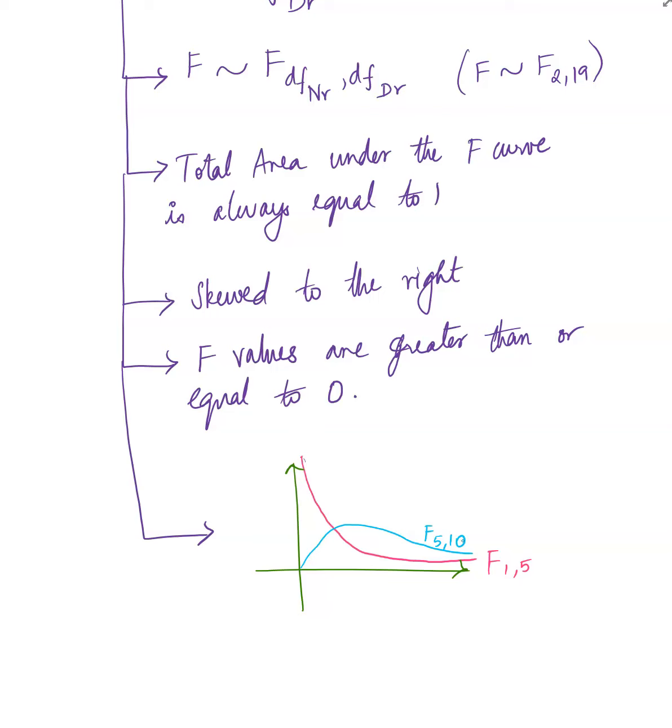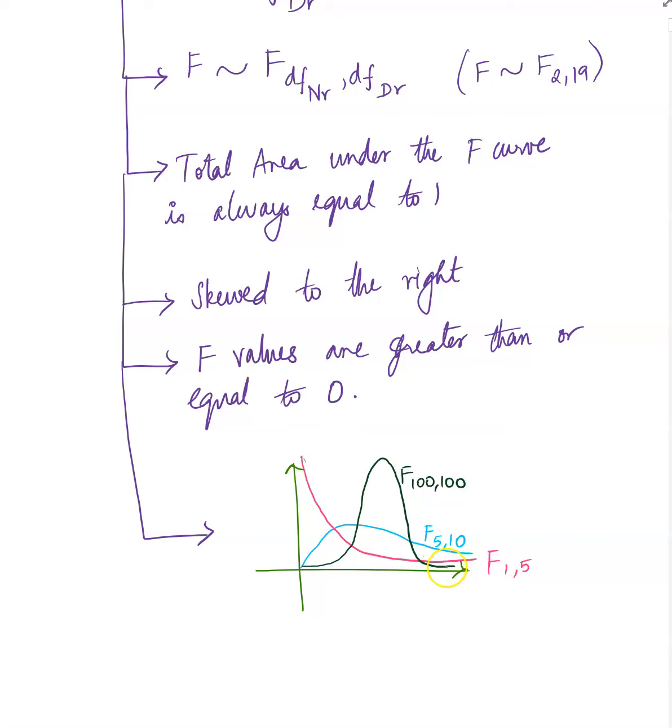For it to look bell-shaped, remember that your degrees of freedom, the numerator and denominator, must be large and close to each other. So you will notice that this is how the graph looks for F 100, 100.